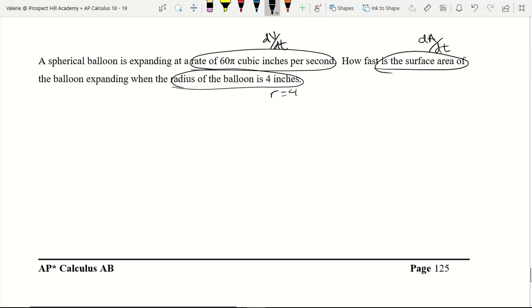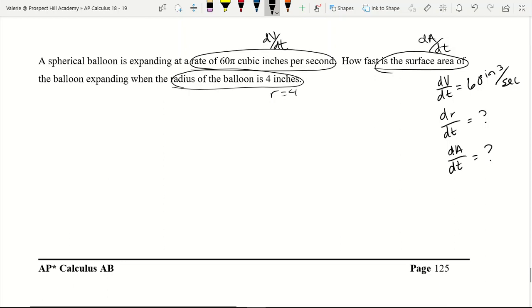Okay, so there's a few problems with this problem. We don't have a lot of information. We have 3 variables: volume, surface area, radius. We only have one known rate. So we have dV dt, which is 60 pi inches cubed per second, but we don't have dr dt, and we don't have dA dt, which is exactly what we're looking for, right?